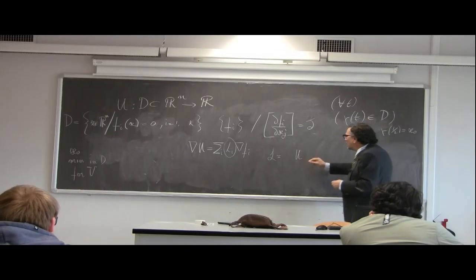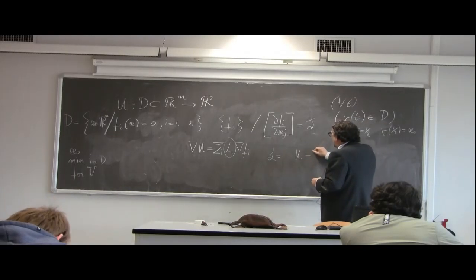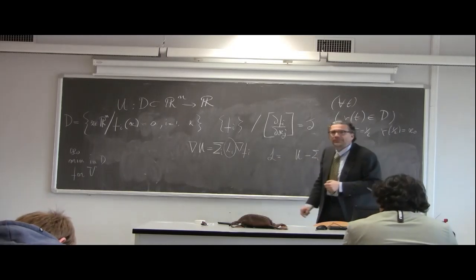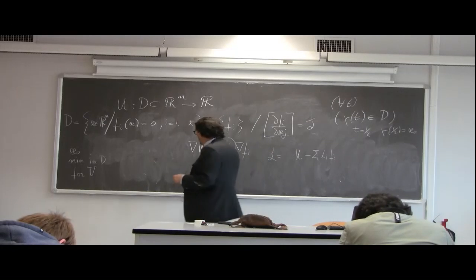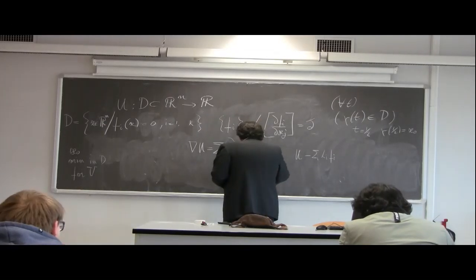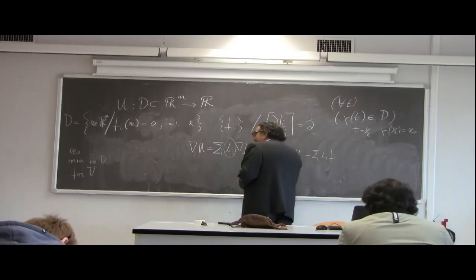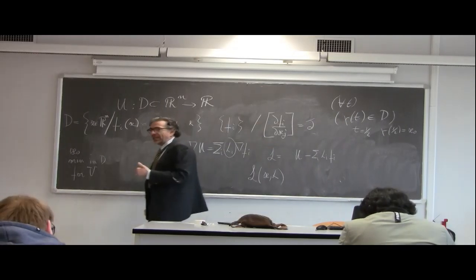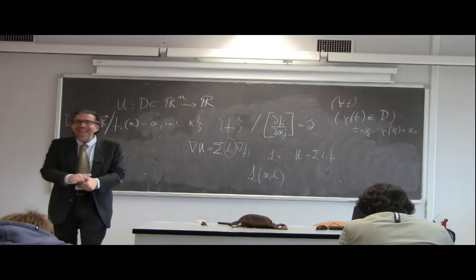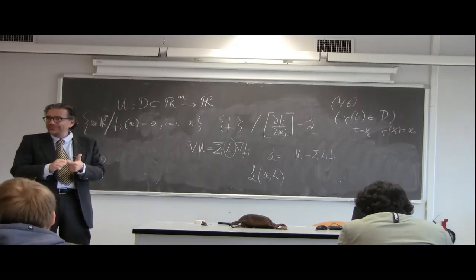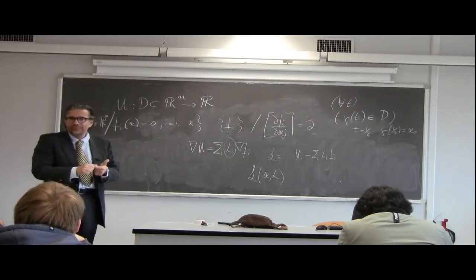You have U minus the summation over i of lambda i Fi. The Lagrangian is a function of x and lambda. So here you have k lambdas and n x's.